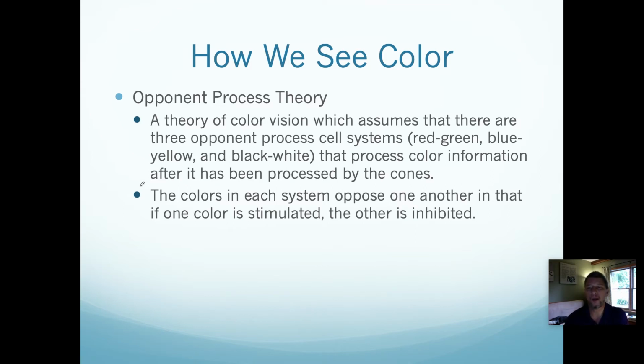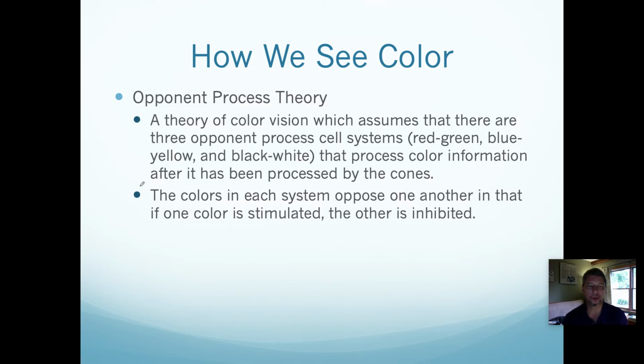And you've got red and green, blue and yellow, and black and white. And this essentially says that the color information is processed after it's been processed by the cones. All right. So in other words, the actual processing of the colors is occurring deep inside the brain as opposed to on the retina at the level of the cones.